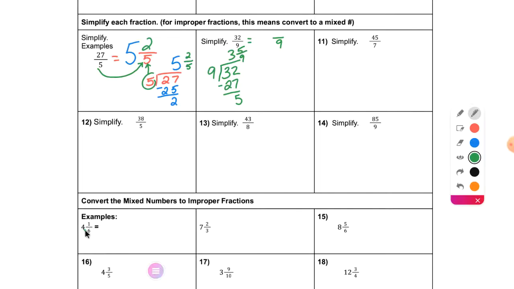Okay, we start at the bottom and we do multiplication, and then we do addition. We start at the bottom and we wheel around to the numerator of our fraction. So Caleb said we take 6 times 4. What is 6 times 4? 24 plus 1? 25. What about my denominator? Stays the same. We just push it on over.